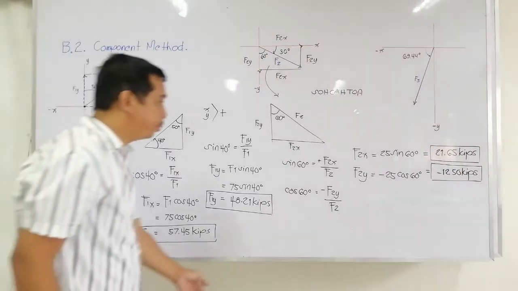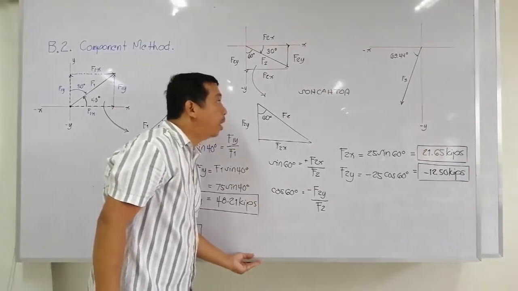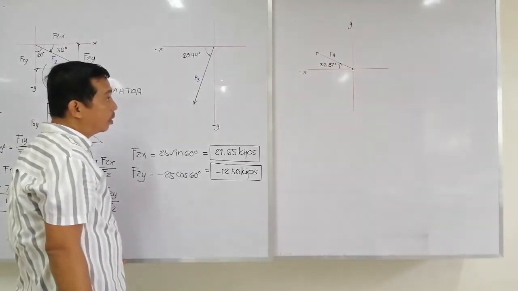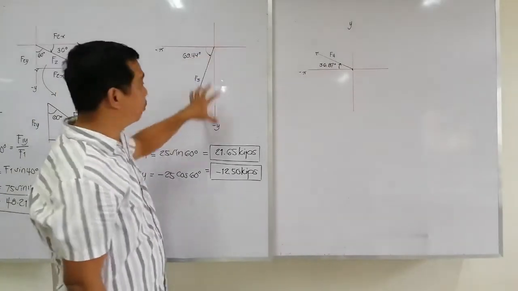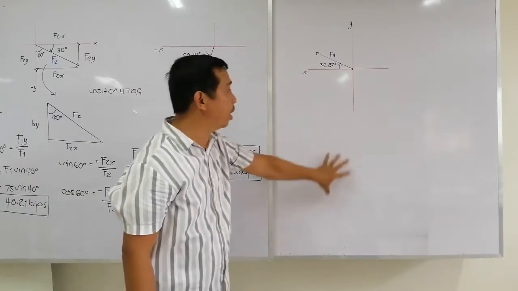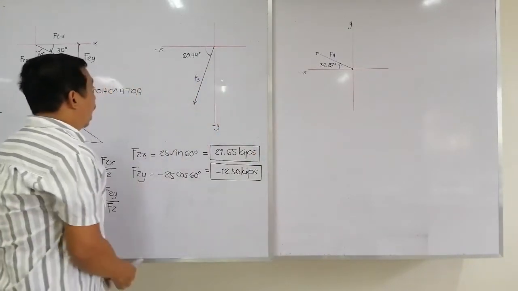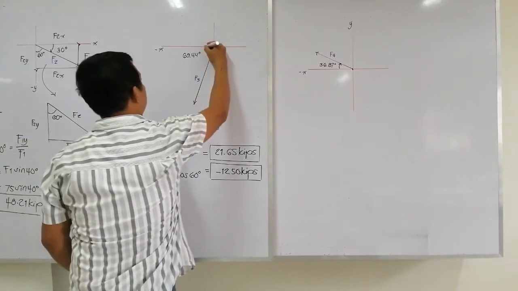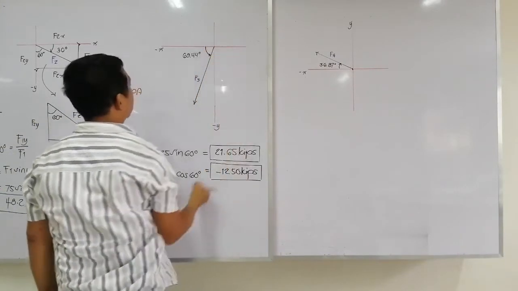Now, paano man yung F sub 3? Ito yung ating F sub 3. Ito ko na lang gagawin. Mangyayari dito, yung angle na generate niya nakatingin sa x.